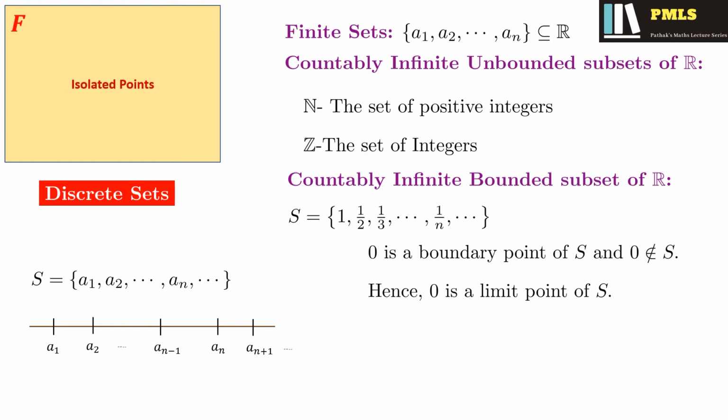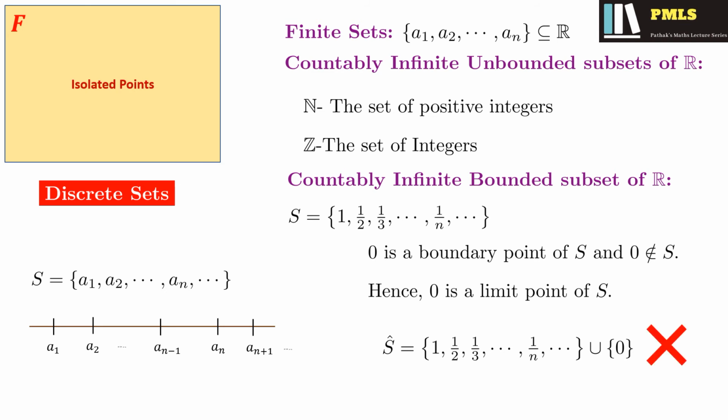You can also observe it in another way. You can see that every open interval centered at 0 will certainly contain some point of S, and therefore 0 becomes a limit point of S. However, when we include 0 as a member of the set S, then the element 0 of the resulting set S hat is a limit point of S hat, and hence S hat ceases to be a discrete set.